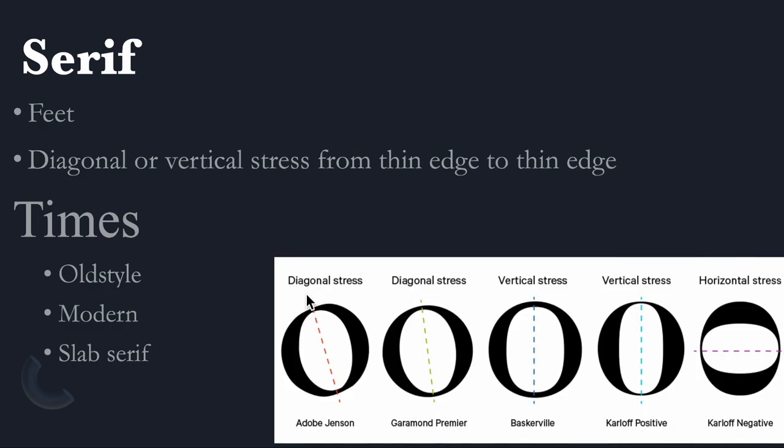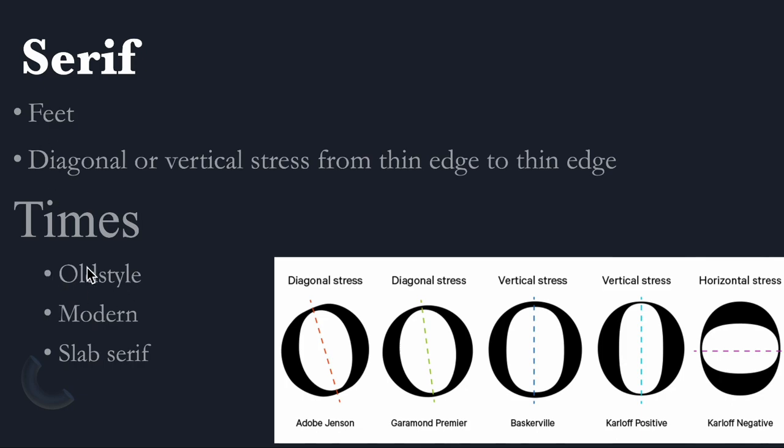On some fonts we have a diagonal stress from thin edge to thin edge, and then these are thick to thick. This is also diagonal, but we can have a vertical stress or a horizontal stress. These are all things that we would find in a serif font. So thick and thin transitions, as well as feet.